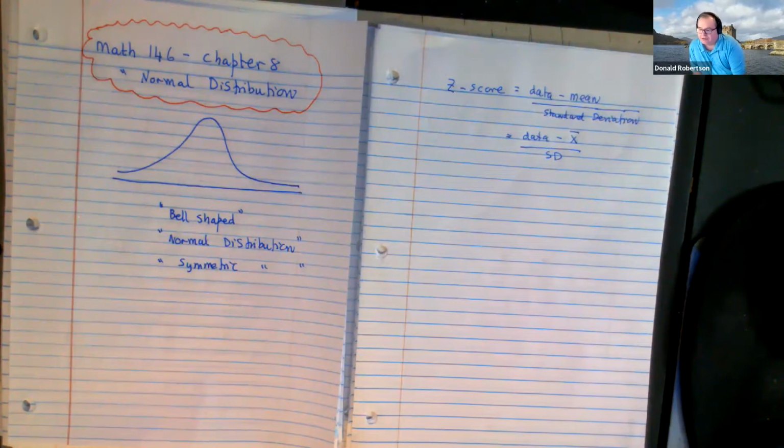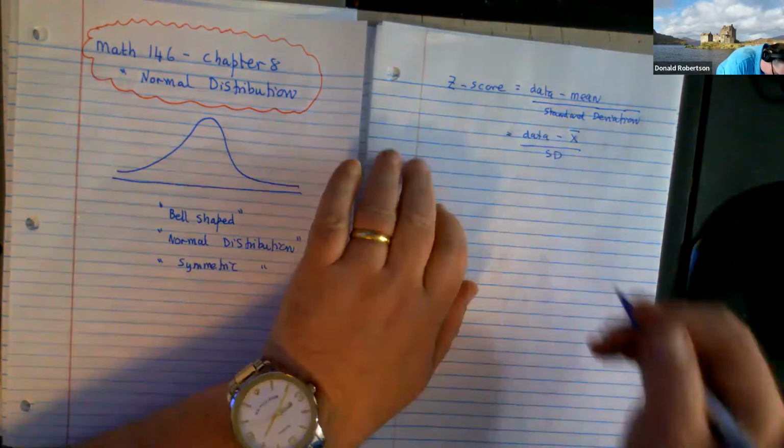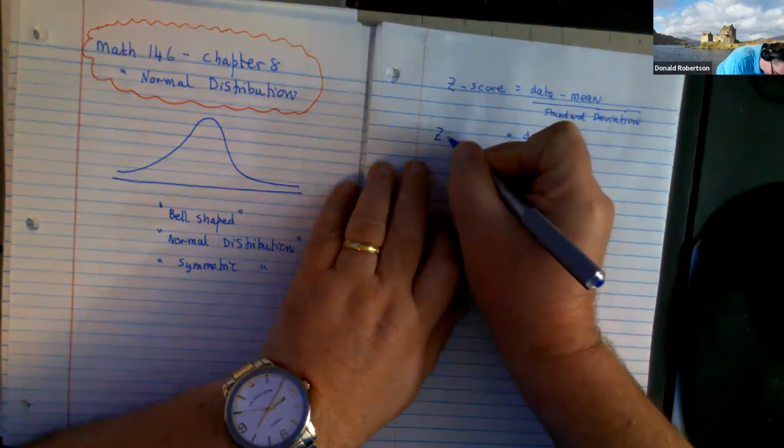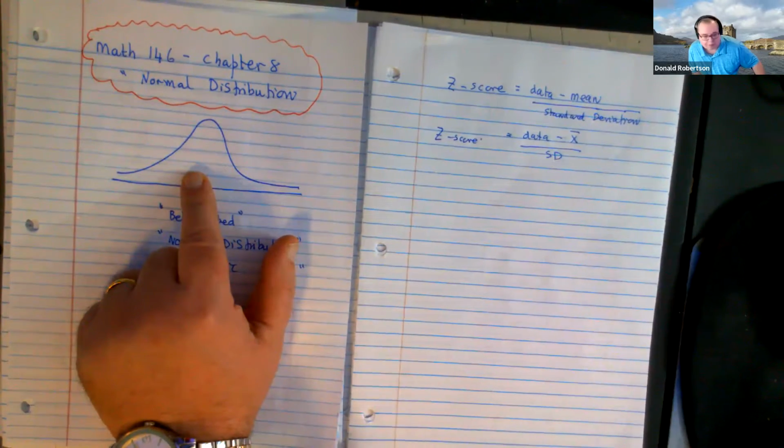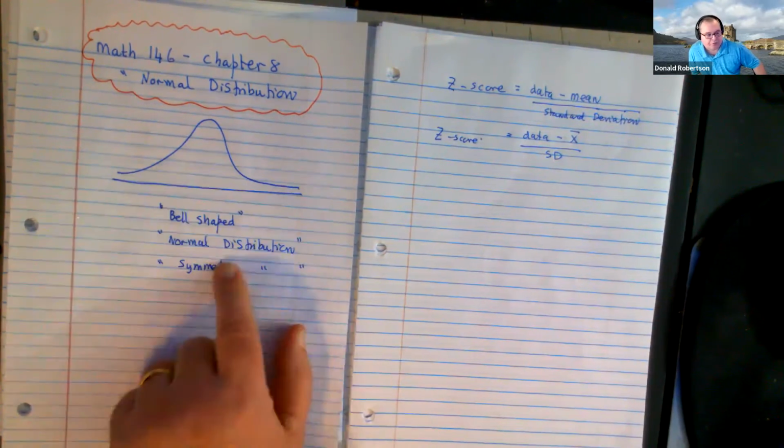Remember that guy? Standardized Z-score, it's how we could compare two groups. You know, the one like Mary got this in the exam and John got that. We used it for that. And we're going to use Z-scores again as well for some of the questions. So this is not new, right? Maybe just a new name, normal distribution.